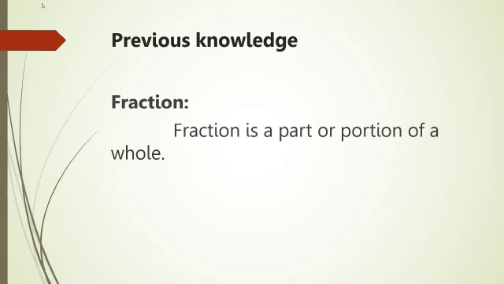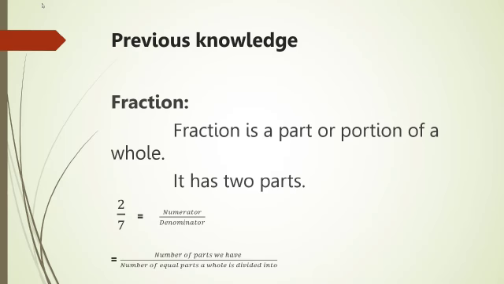Students, as we have learned in our previous classes about fractions, a fraction is a part or portion of a whole. It has two parts. The top part of the fraction is called the numerator and the bottom part is called the denominator. The denominator shows the number of equal parts a whole is divided into and the numerator shows the number of parts we have.